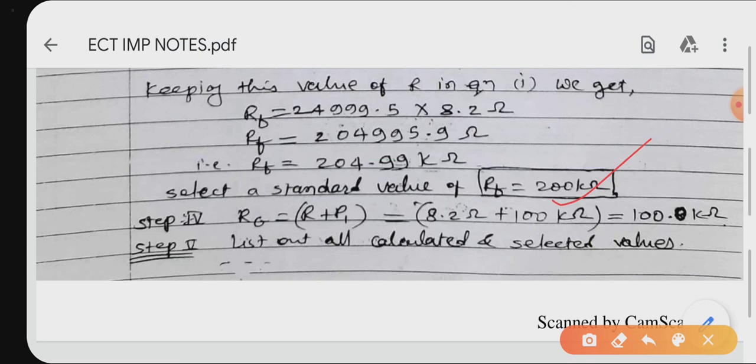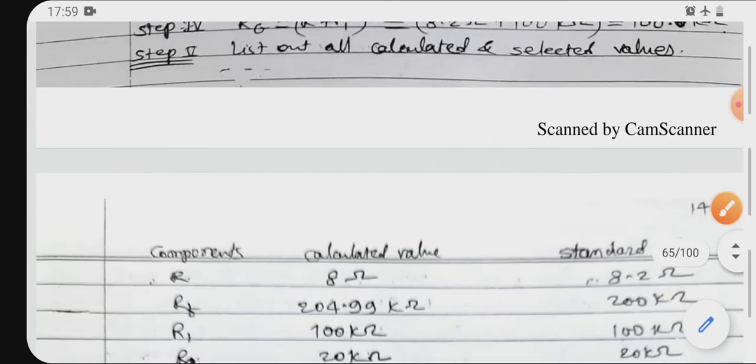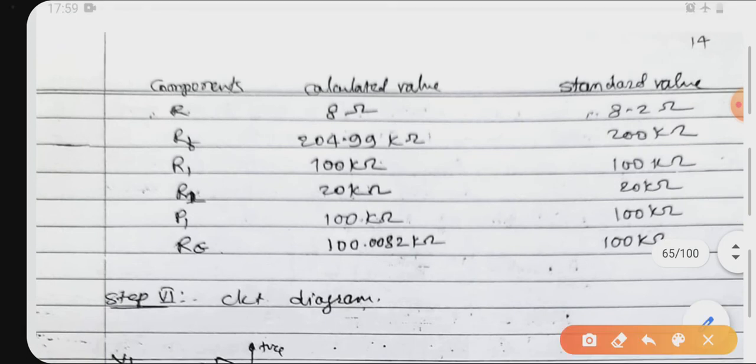Okay, so accordingly you can calculate the value of Rg equal to R plus P1. R is the standard value 8.2 ohm you have considered and P1 is 100 kilo ohm, so it will be approximately 100 kilo ohm. Okay, so list out all the calculated and selected values, just as I told you.